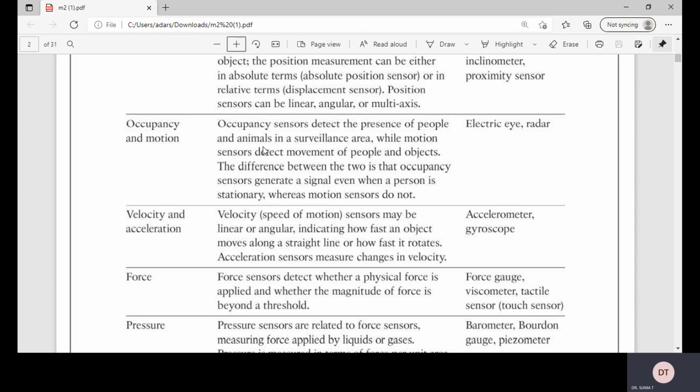This application we can apply in the agriculture field. For example, any object which enters a particular field, the sensor device is going to sense the movement of an animal, and send a signal to the farmer stating that in your agriculture land some object is moving in the field.